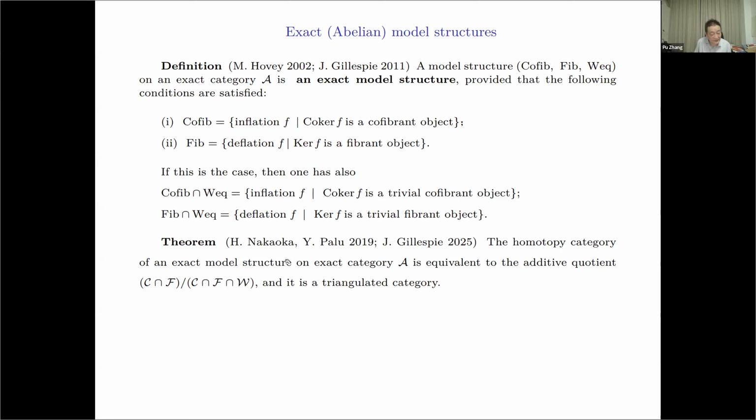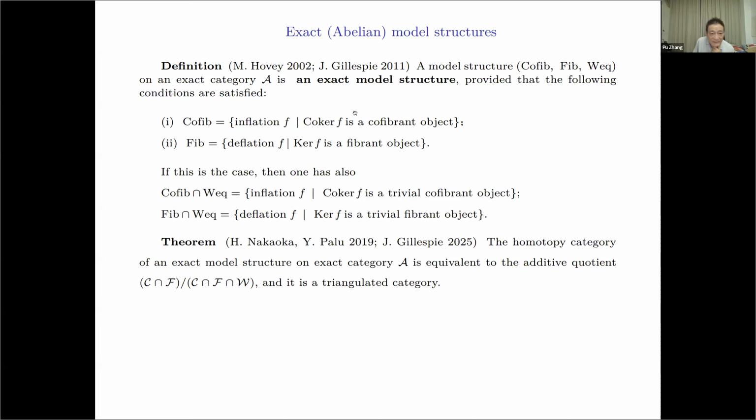In this case the trivial cofibrations are those whose cokernel is a trivial cofibrant object, and the trivial fibrations are exactly those morphisms such that the kernel is a trivial fibrant object.